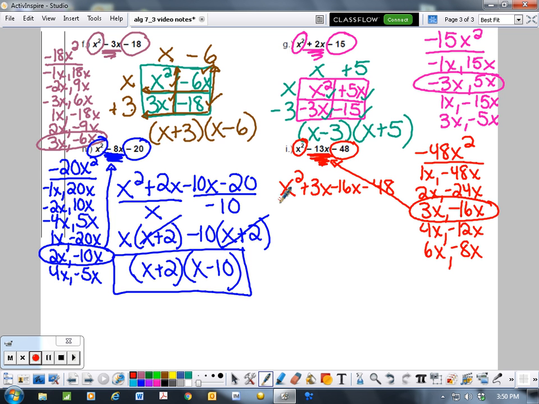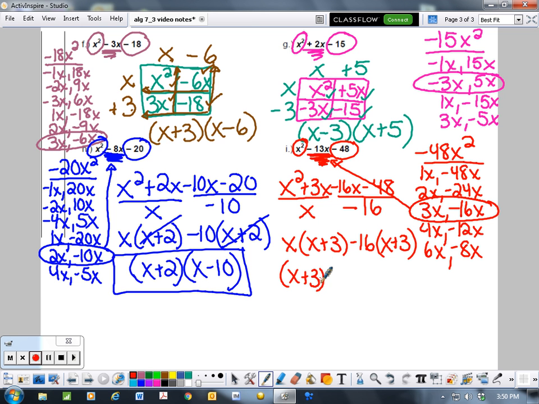Now I'm going to pull a common factor, x. These are both negative 16. So I get x times x plus 3. Negative 16 times x, 48 divided by 16 is 3. Those match, so I pull out the x plus 3, and I get x minus 16.